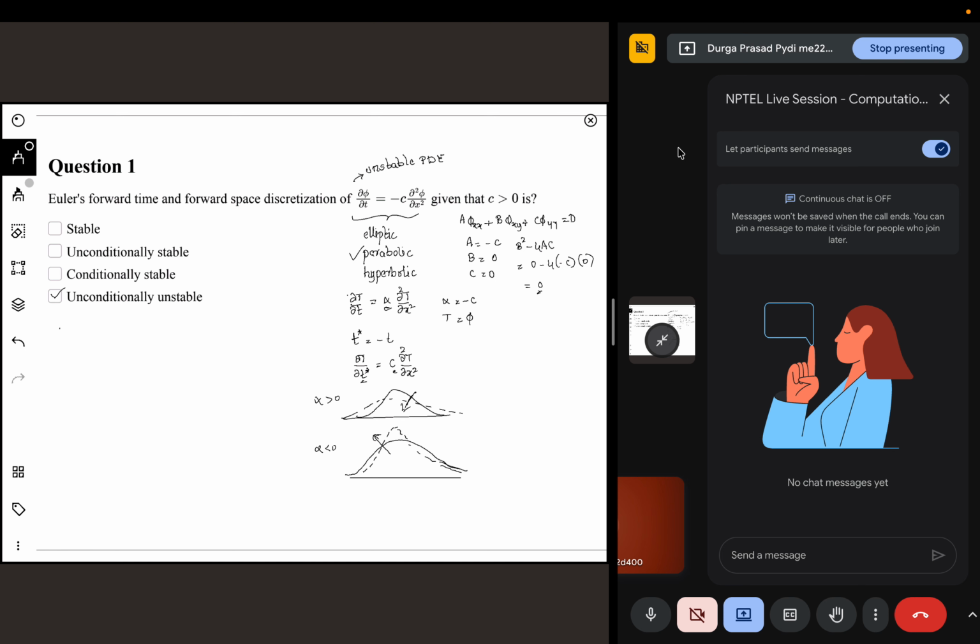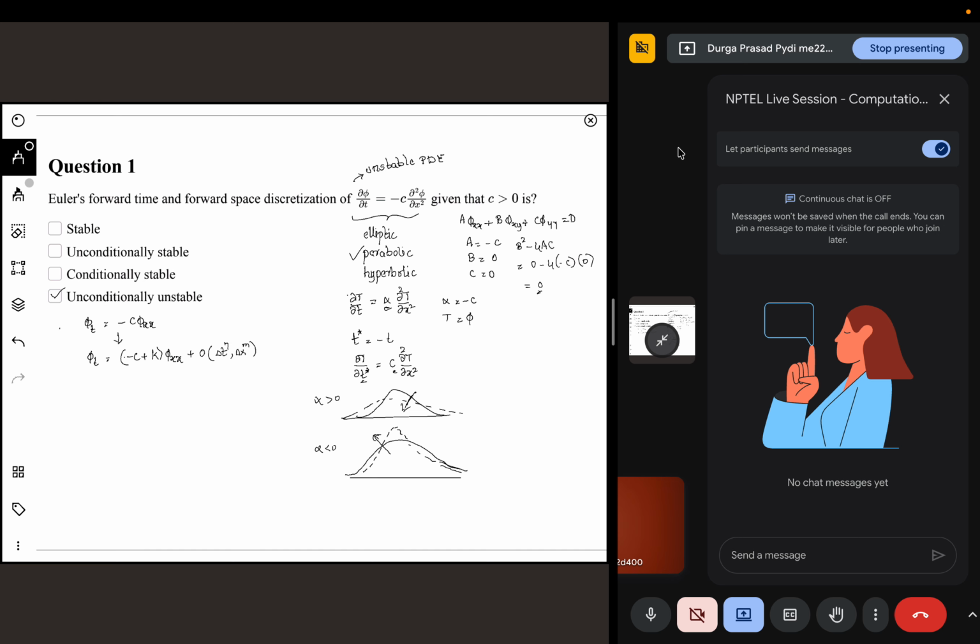If it were phi x, then it would have been straightforward because it is phi x x. So we have phi t equals minus c times phi x x. And when you discretize this, you ended up in the discrete equation plus some term with delta t and delta x.